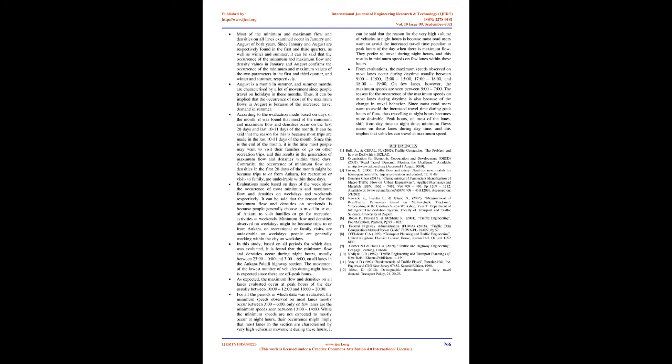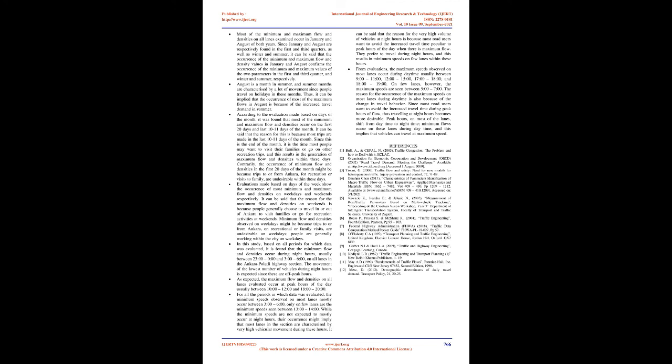Most of the minimum and maximum flow and densities on all lanes examined occur in January and August of both years. Since January and August are respectively found in the first and third quarters, as well as winter and summer, it can be said that the occurrence of the minimum and maximum flow and density values in January and August confirms the occurrence of the minimum and maximum values of the 2 parameters in the first and third quarter, and winter and summer, respectively.